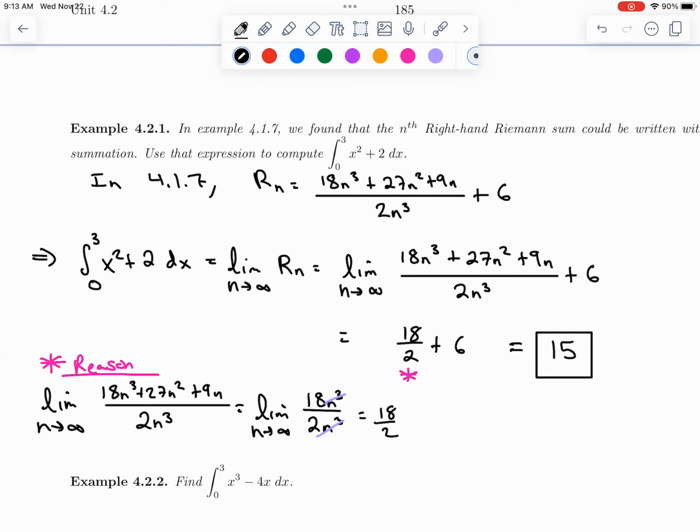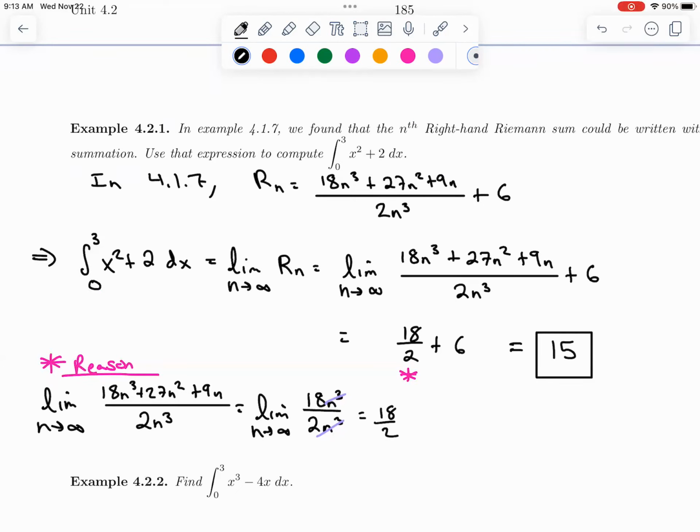We have to find a general summation, R sub n or L sub n or M sub n, and then write it in terms purely of n by using all those formulas, and then take a limit, and then we finally get the answer. Is that the only way?